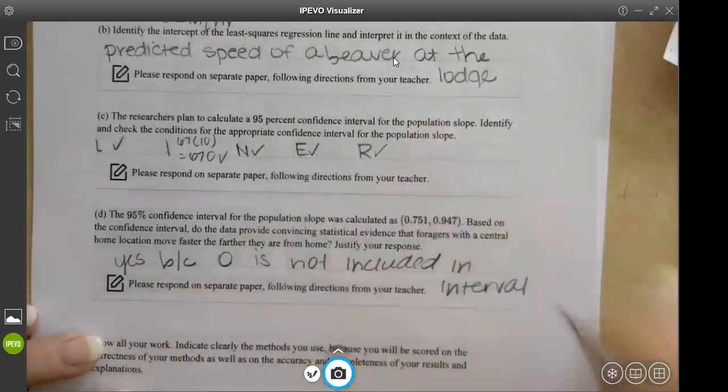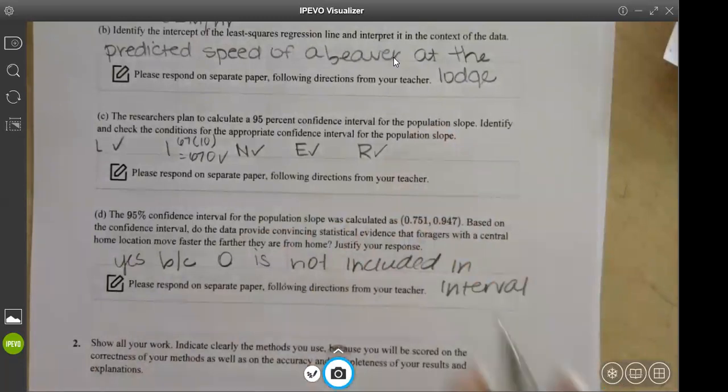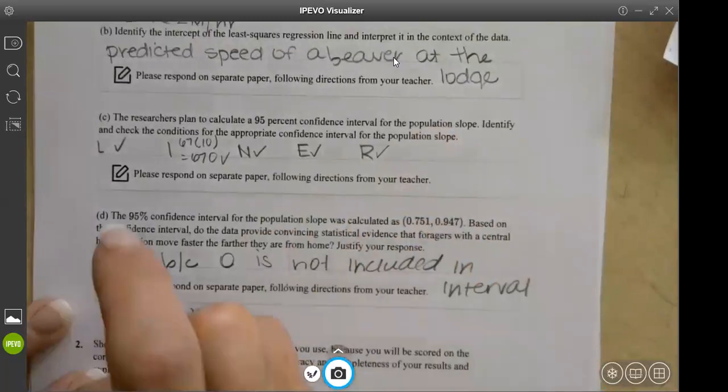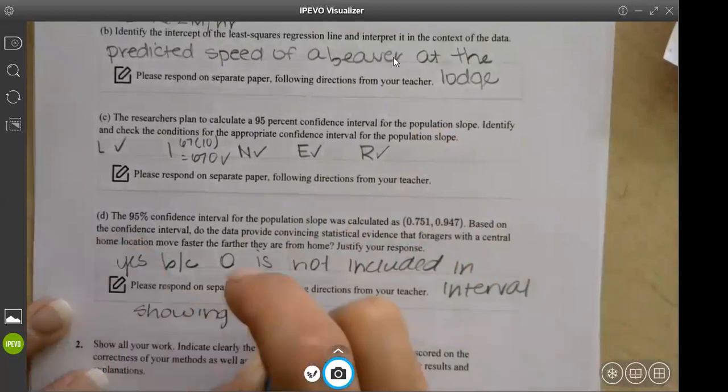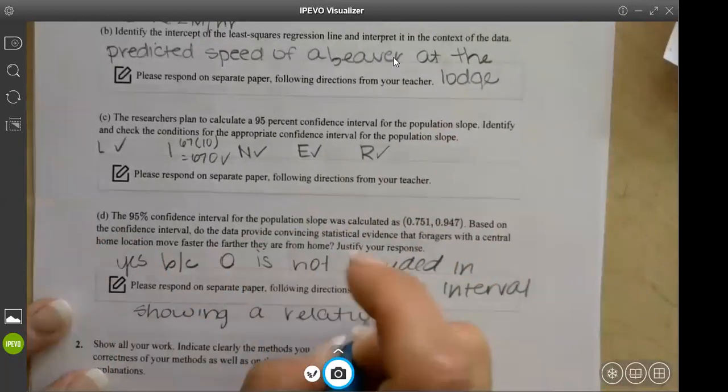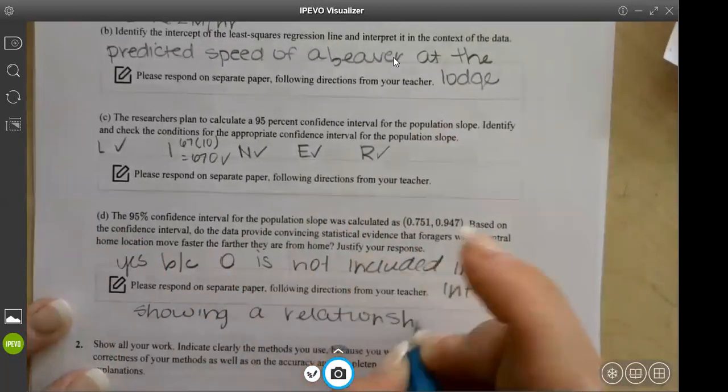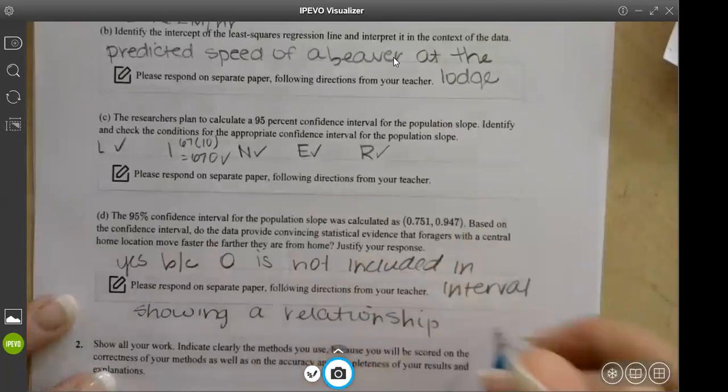Very good. Any questions? Again, what does that do? That shows their relationship. And you do want to write that in context of the problem, between distance and speed.